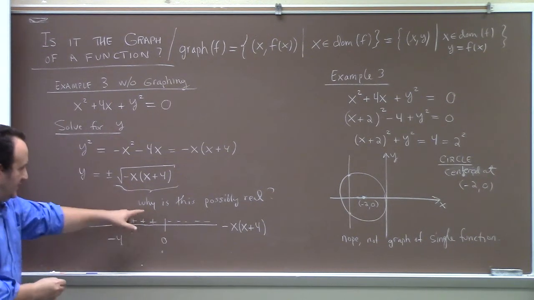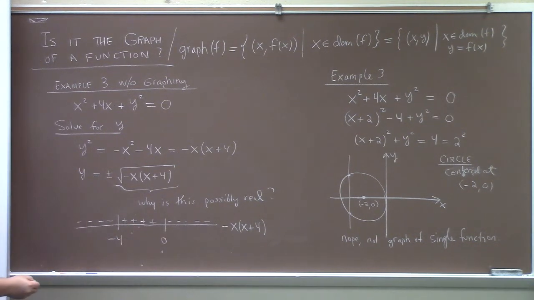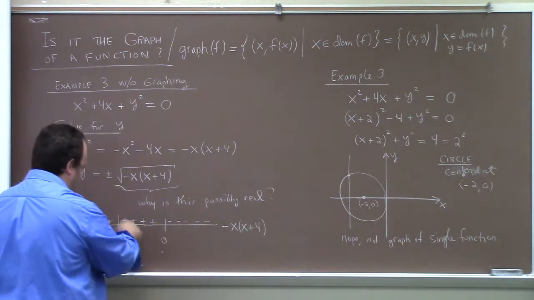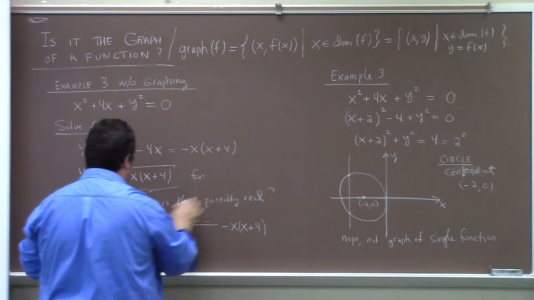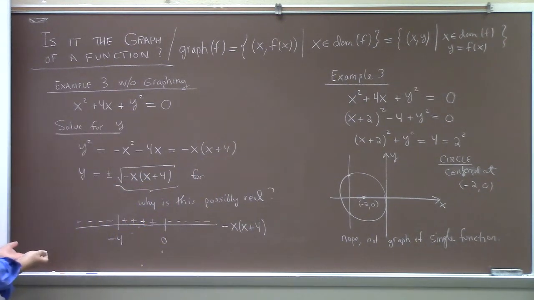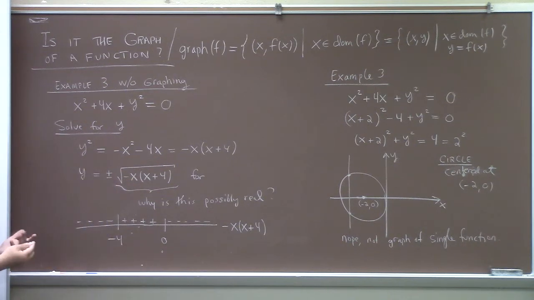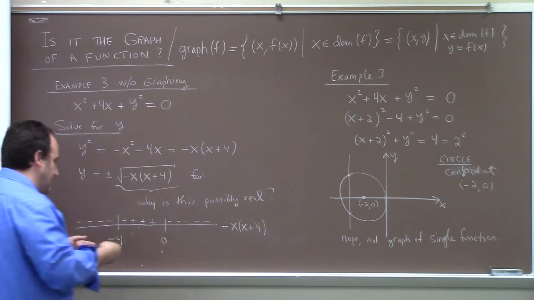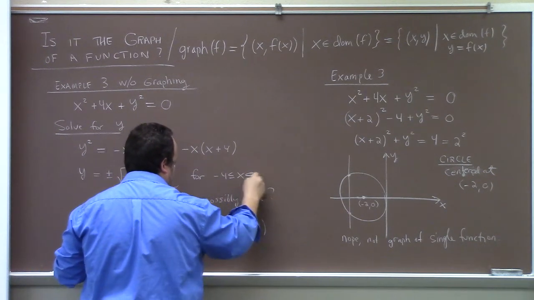So why is this possibly real? Because this quantity is greater than 0 right in here. This sign chart I made here shows you that this calculation holds for x between minus 4 and 0, that is, minus 4 less than or equal to x less than or equal to 0.